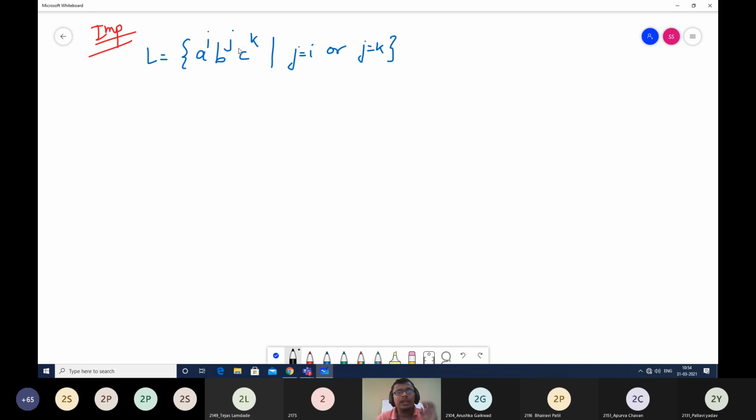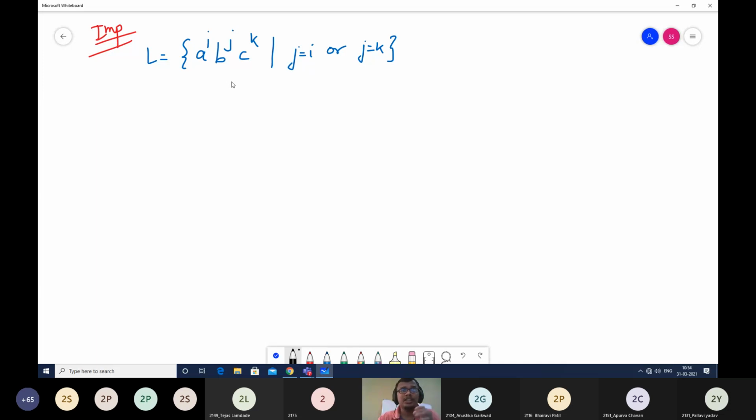When I'm dealing with the condition J is equal to I, the number of A's should be equal to the number of B's, but there is no restriction on how many C's you should have in your string.